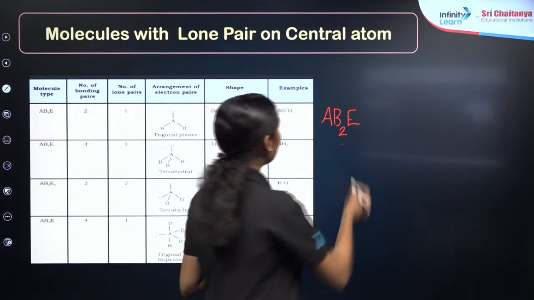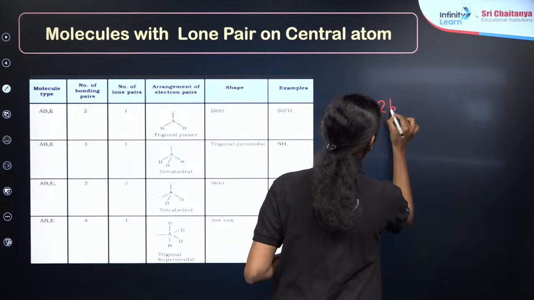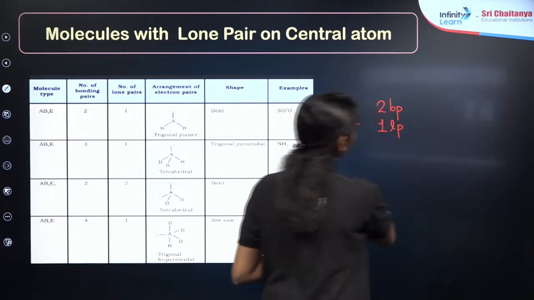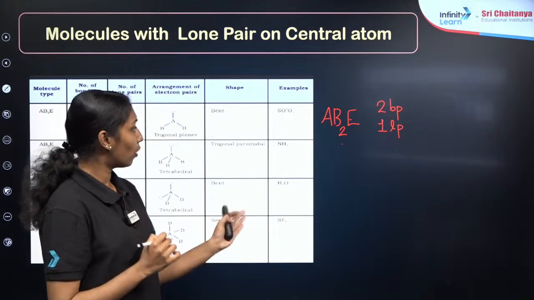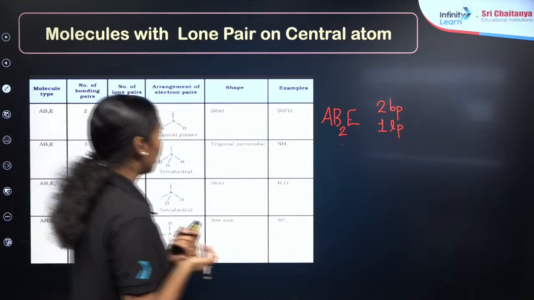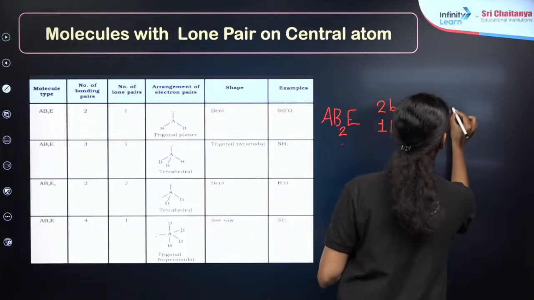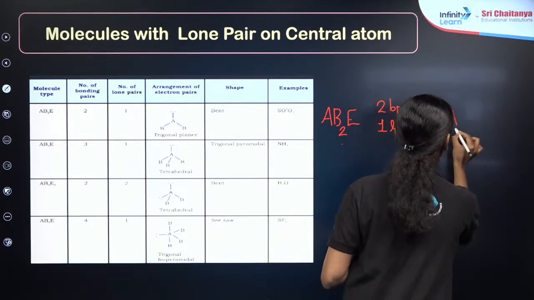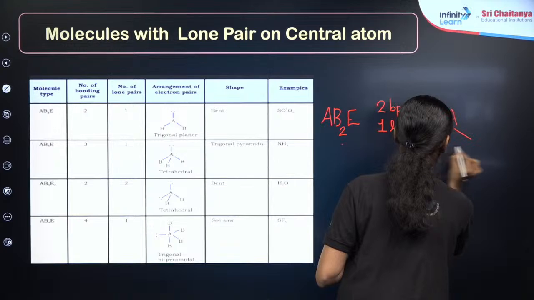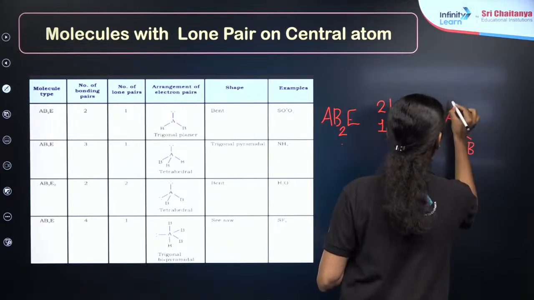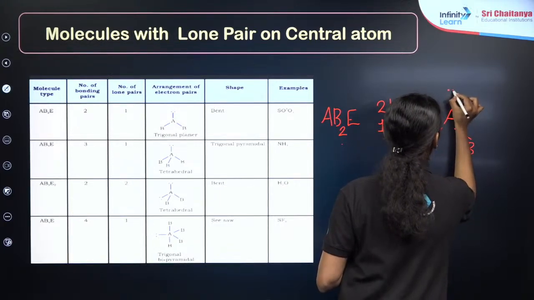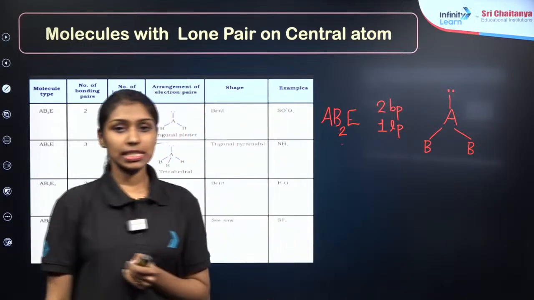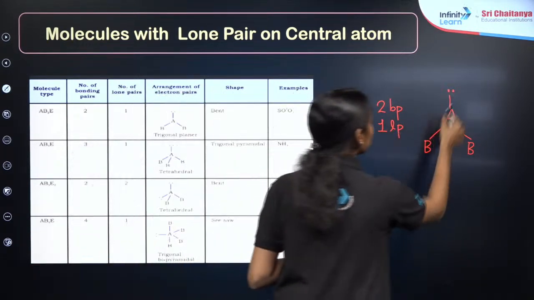So you can say that it contains 2 bond pairs plus 1 lone pair. So what will be the structure here? This is the geometry, right? These are the 2 bond pairs and this will be the lone pair.